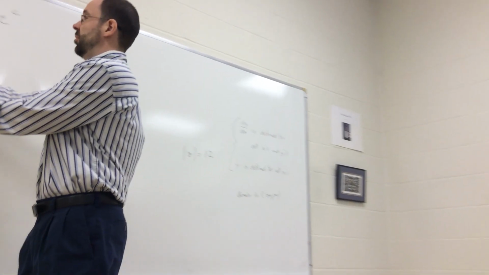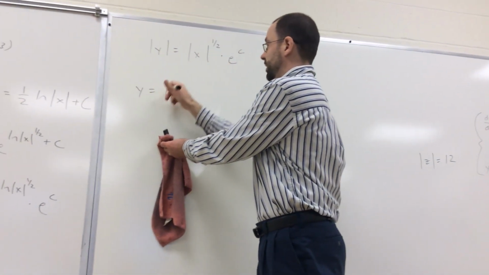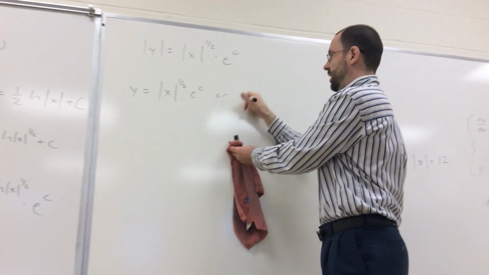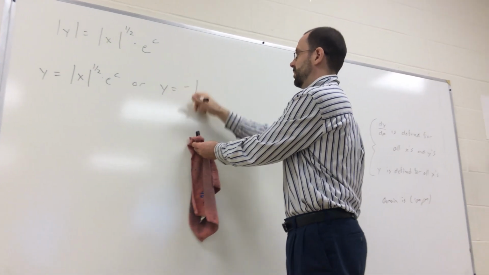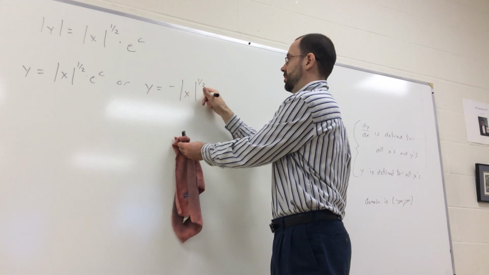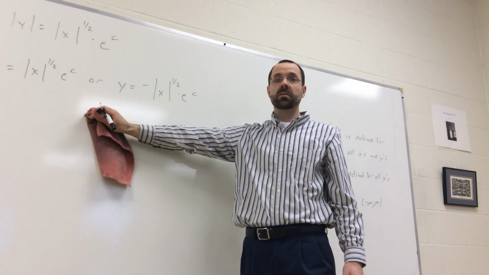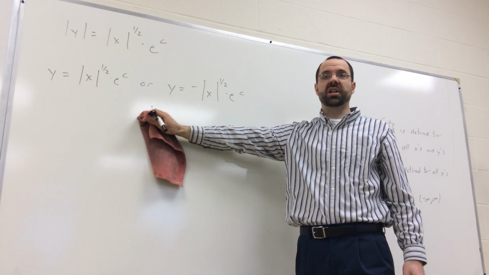So here, y could be this, or y could be negative this. So that was getting rid of the absolute value.